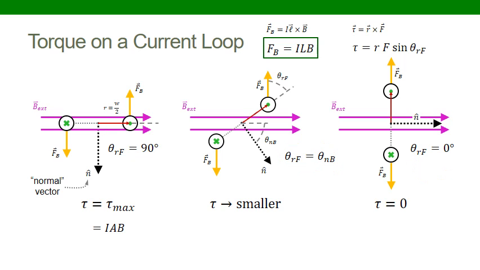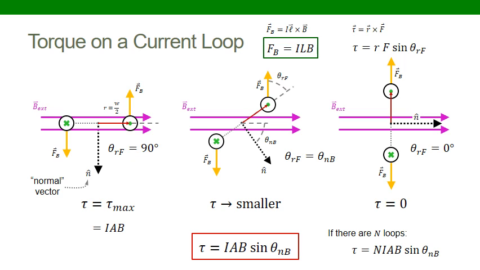So with this, we can actually reduce the complexity. We don't have to worry about the force itself. We can simply take the magnetic field and the orientation of my loop and calculate the torque from that directly. And what we get when we put this together is, you can see we have the maximum, but it's modified by the sine of the angle between this normal vector and my magnetic field vector.